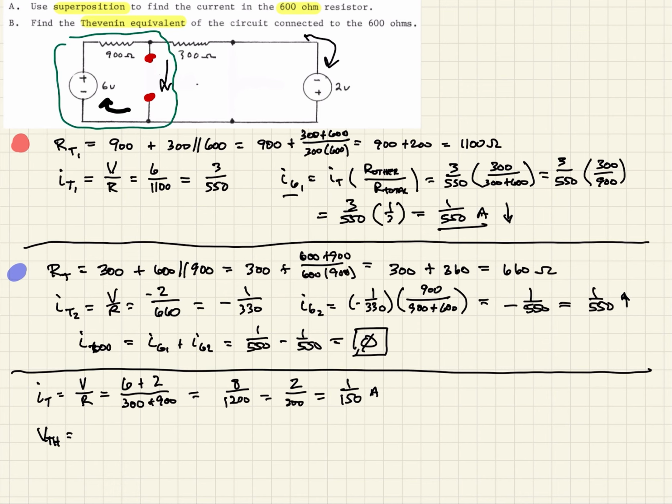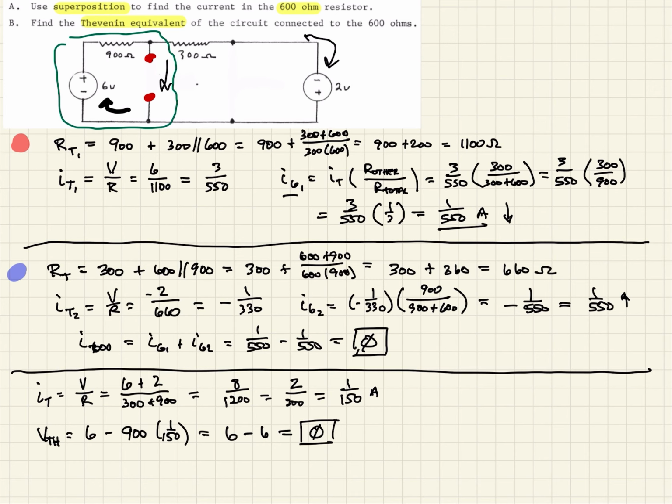We have 6 volts, and then minus 900 ohms, which is our resistance, times the current, which again is just Ohm's law, E equals IR. We've got the R, so we need the I, which was 1 over 150. When we calculate that out, that's 6 minus 6. So the Thevenin voltage is equal to 0 volts.